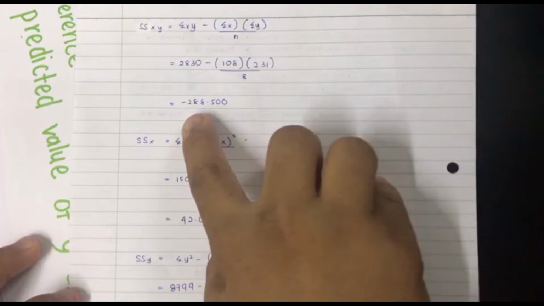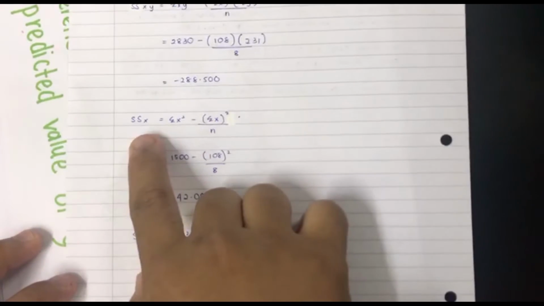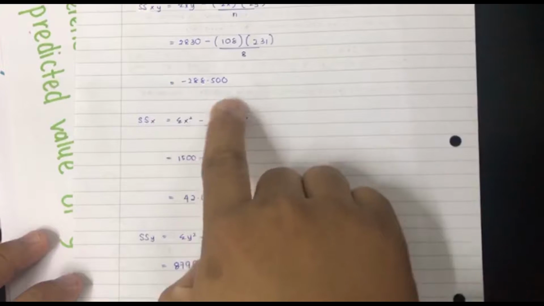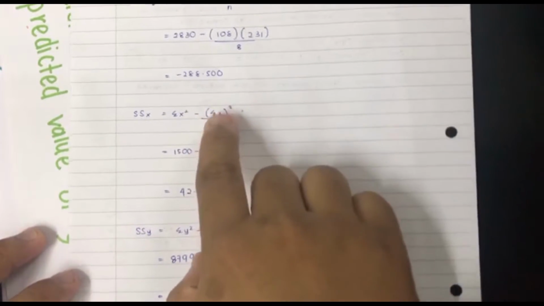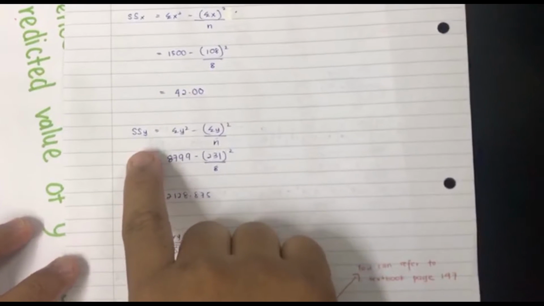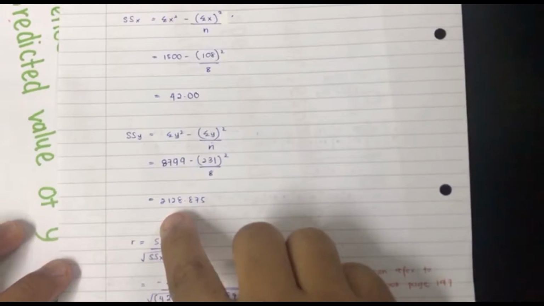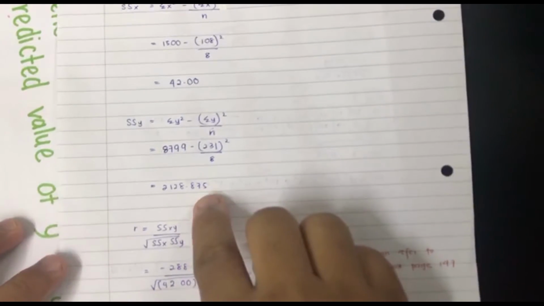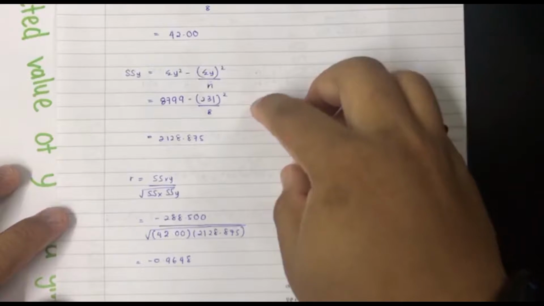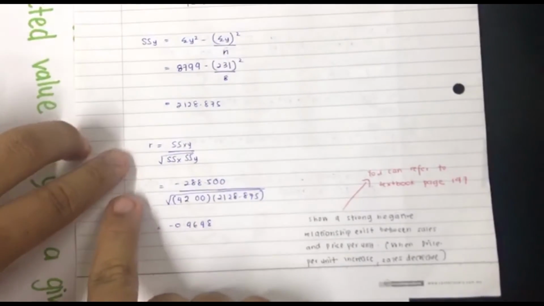We got negative 288.5. And for total of SSx, we use the same equation and we will get 42. And for SSy, we will get 2128.875. As we got all the values that we needed, we can calculate the value of r.